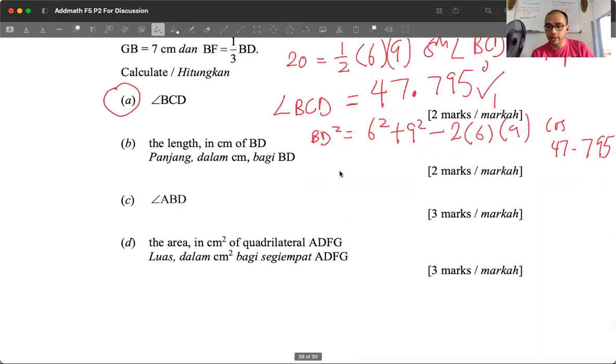Okay, this is very immediate. After you calculate, you will get BD squared is 6.667 cm. Am I reading this correctly? 6.667, yeah, cm. Then you take the square root.